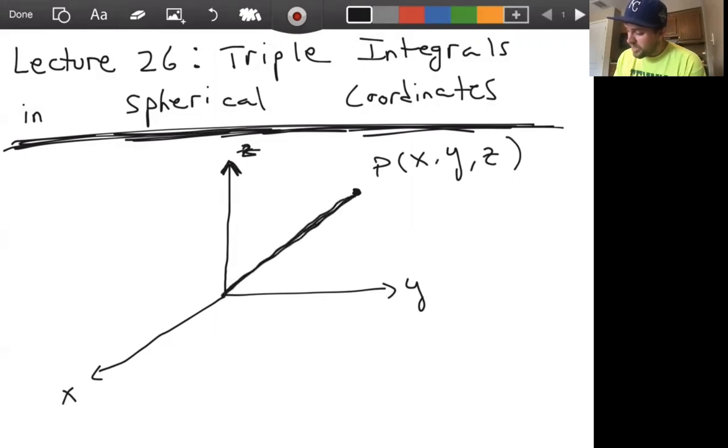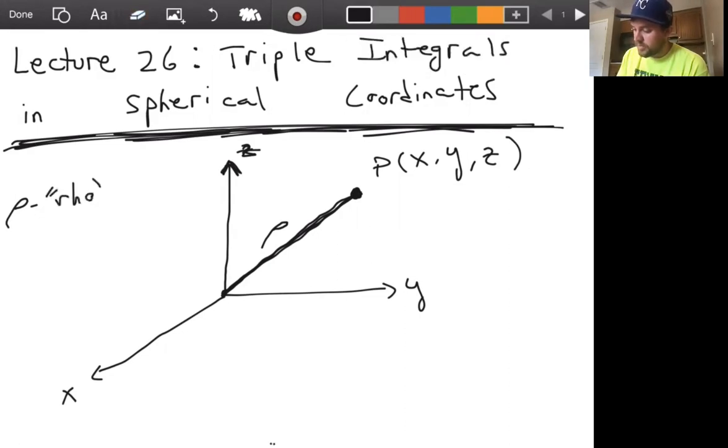We can look at the linear distance from the origin to this point P, and this distance we're going to call rho. This is the Greek letter rho. Maybe you've seen this before to indicate density.